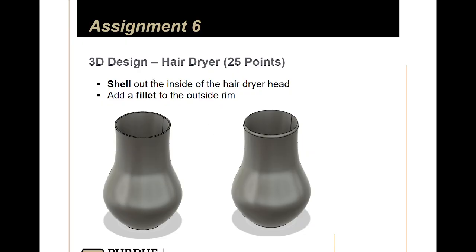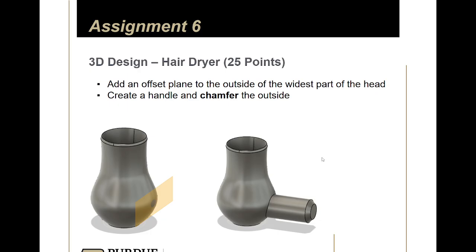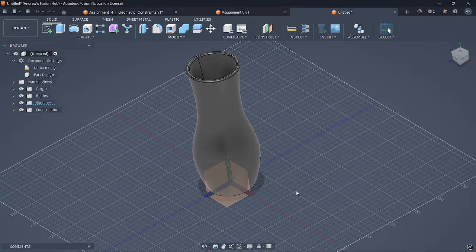So the next thing, I'm going to create a nice little handle for this. What I like to do, instead of creating it intersecting through the face of this hairdryer, is make my offset plane extend beyond the body. I'll show you why in a little bit.